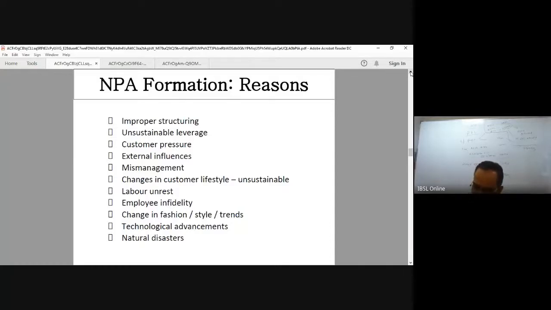Improper structuring. That's why we sometimes say that you need to assess customers correctly and then give the correct amount. If you give less, also a problem. If you give more, also a problem.